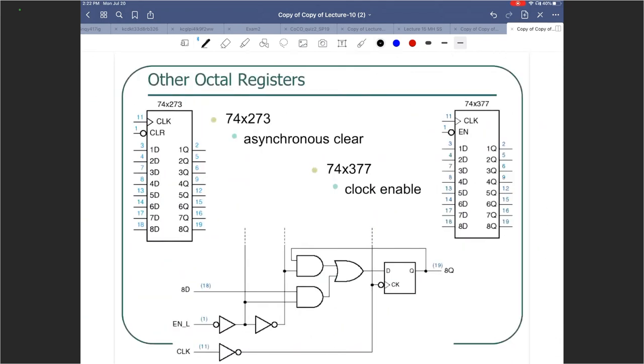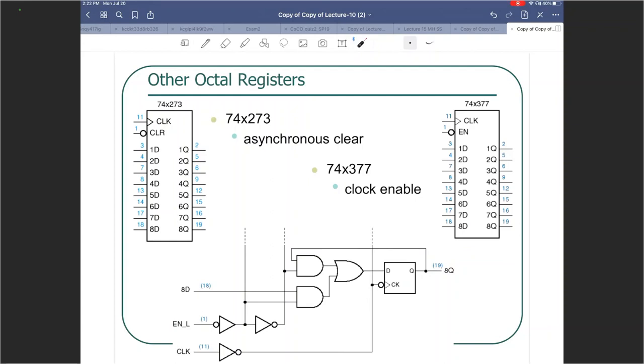Some other octal registers or 8-bit registers. There is a 74x273, which has an asynchronous clear. Asynchronous clear essentially means that the moment you make clear active, all your outputs will go to 0. It does not wait for the positive edge of the clock, right?